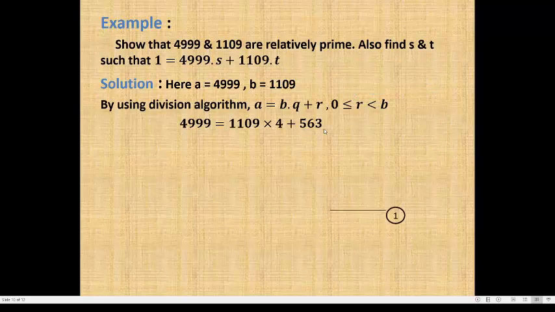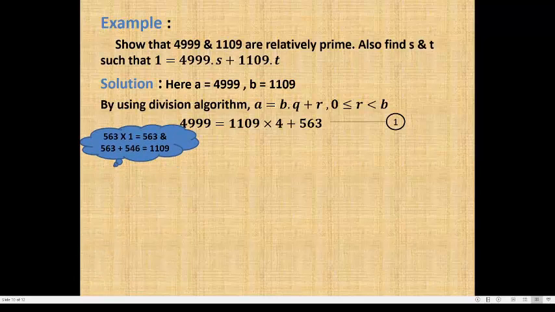Call it equation number 1. Now we apply the division algorithm to divisor 1109 and remainder 563. Since we want remainder 0, we apply the division algorithm till we get the remainder 0.